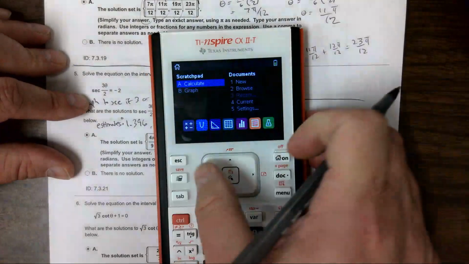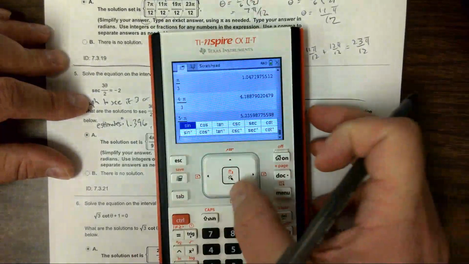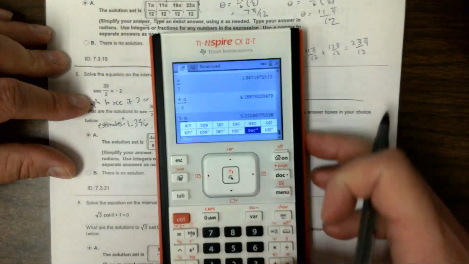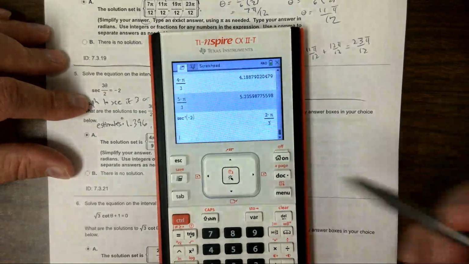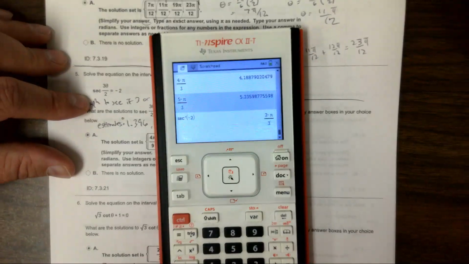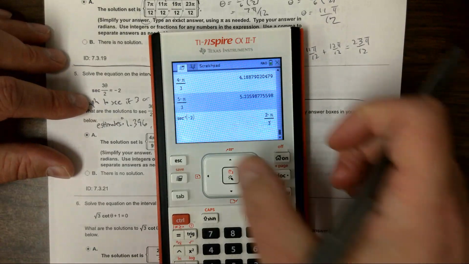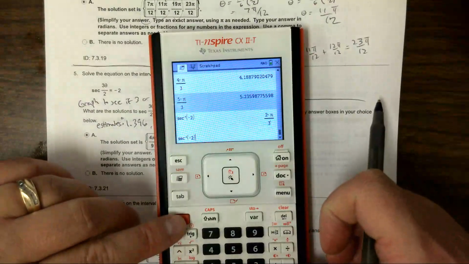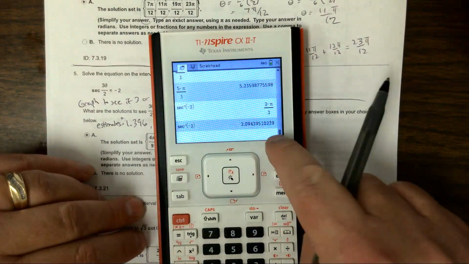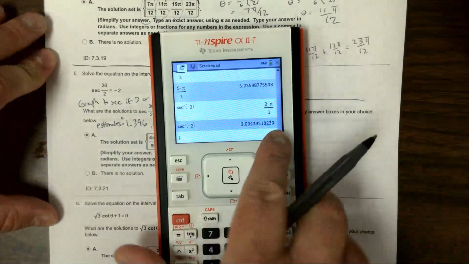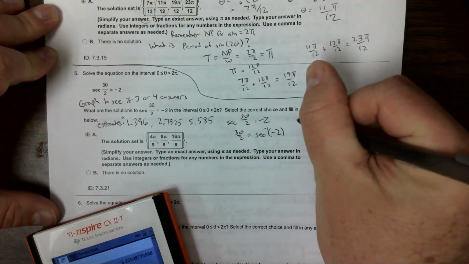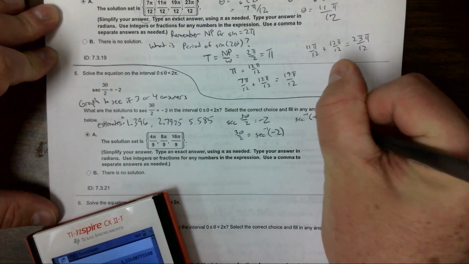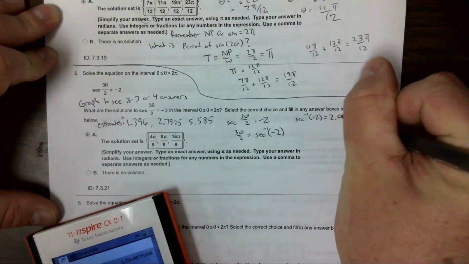I think on the calculator, if you just do inverse secant of negative 2, okay, on the teacher calculator, it gives me the answer. So if I do yours and put it in decimal mode, I see 2.094. Secant inverse of negative 2 is 2.094.